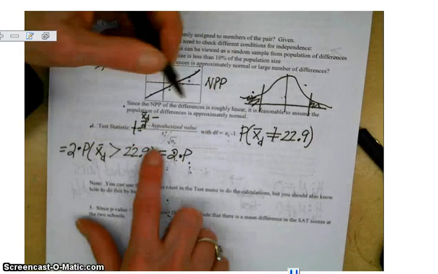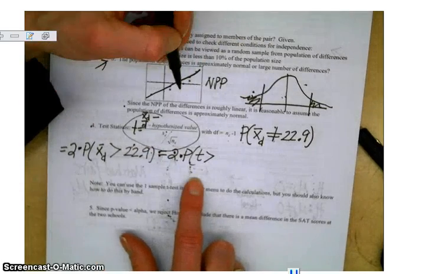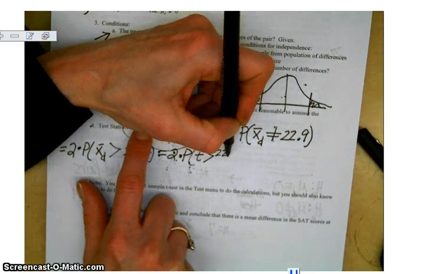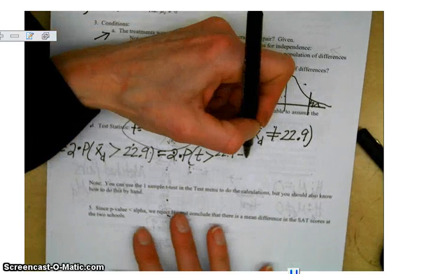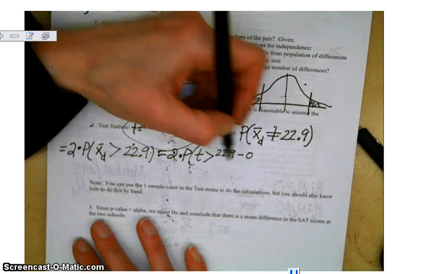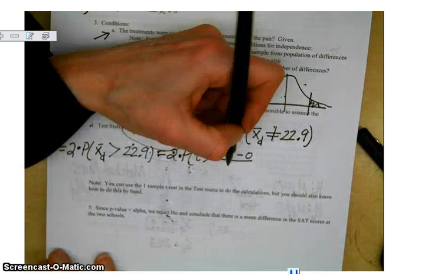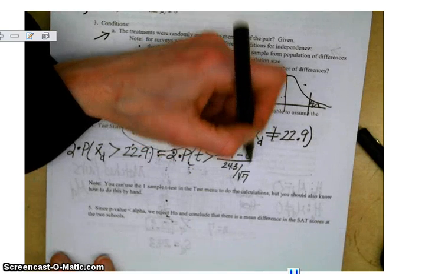So now I use this formula to calculate my test statistic. T is greater than, okay, the mean difference was 22.9. That's what I observed in my sample. Minus 0, which is the hypothesized difference, all over the standard deviation of the difference, which from our other page was 24.3 divided by the square root of 7.